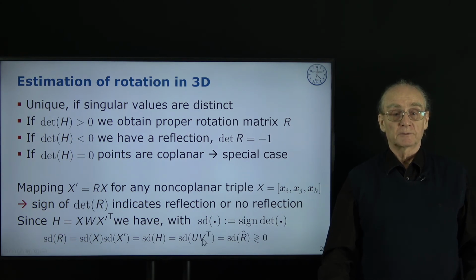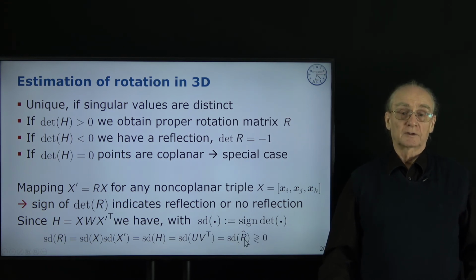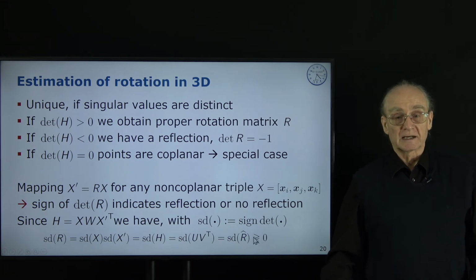And actually, if we transpose this matrix, we get V times U transposed. We have the sign of the estimated rotation. That means the sign of the given rotation and the sign of the determinant of the estimated rotations is the same, and it's either positive or negative, because we have assumed that these are non-coplanar points.